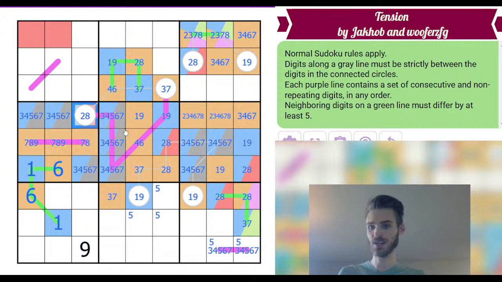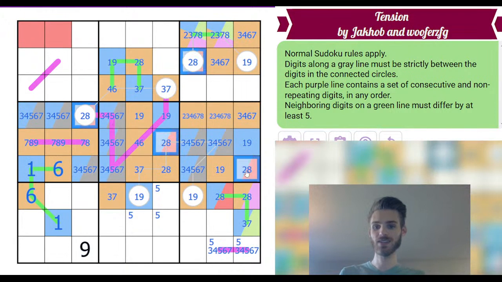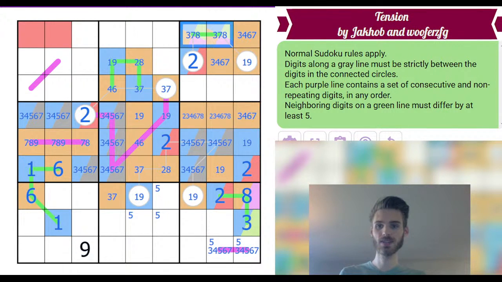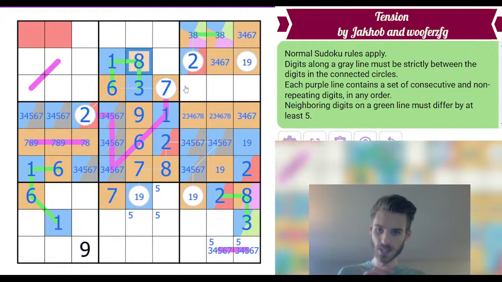Okay, so now we get a lot of things, because now red is 2, green is 3, purple is 8, this is 7, 8, 6, 9, 1, 3, 1, 6, 8.